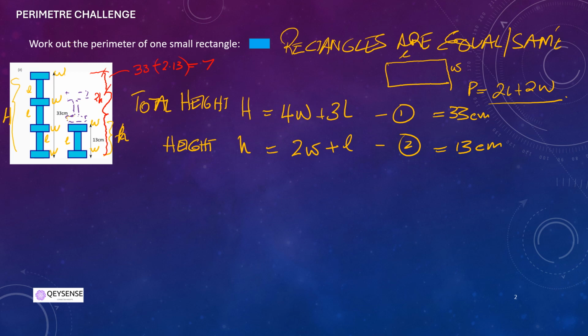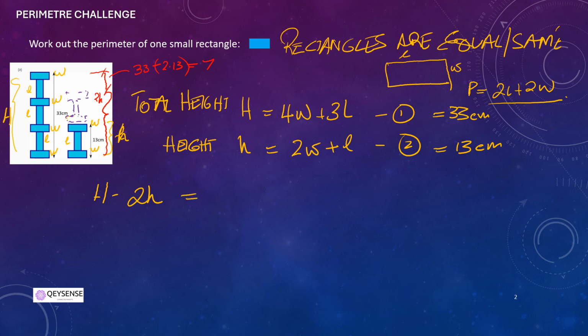Now we have a third equation we can put together: H minus 2h, the height of the big tower minus the height of two little towers combined, equals 7 centimeters.